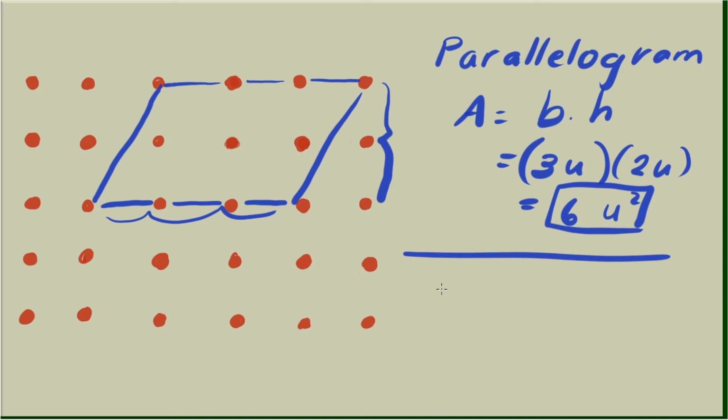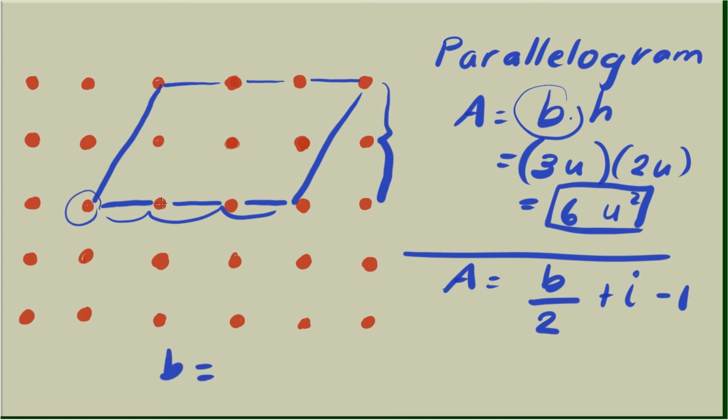Now using Pick's rule, we just count the boundary points. Don't confuse yourself with this variable here. In geometry, we call this base, but in Pick's rule, we call this B, the boundary points, divided by 2 plus the interior minus 1. So how many boundary points do we have?